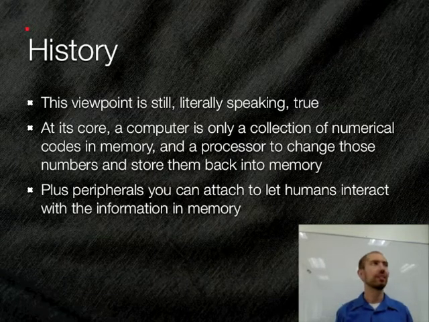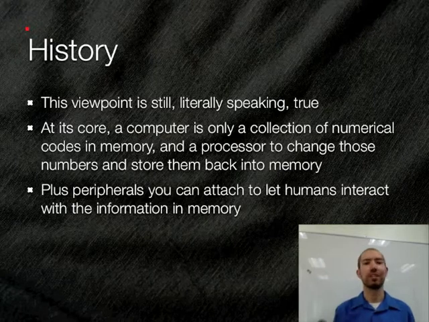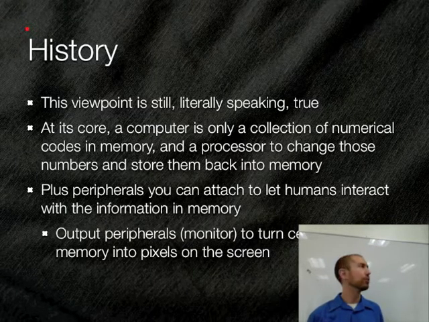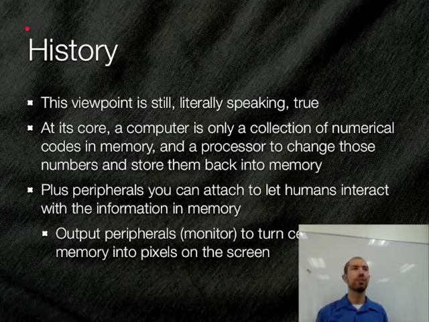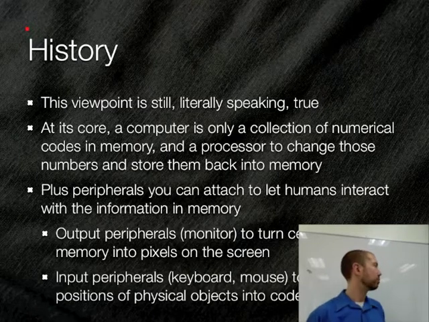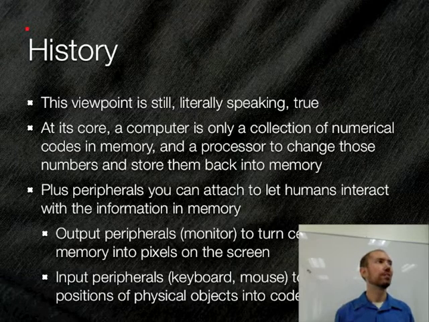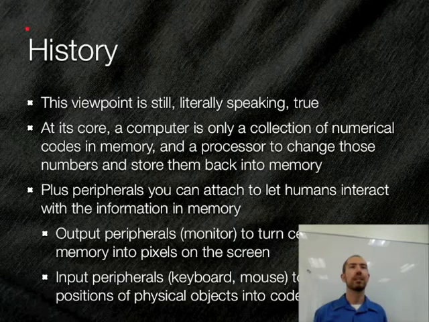Because otherwise, it's not really that useful to us if the computer's just humming away to itself and not sharing its information with us. So, for example, you can use something like a monitor that lets certain codes in certain parts of memory be communicated into being pixels on the screen, or input peripherals like your keyboard and mouse that let you push physical buttons on physical objects and turn those into codes in memory that the computer can then read and do stuff with, right?